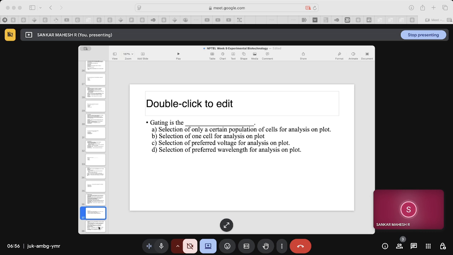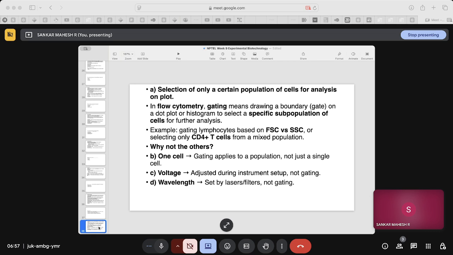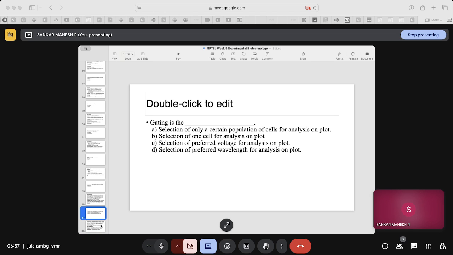I told you that in flow cytometry we can separate cells using fluorescence. So in this method, only certain cells exhibiting fluorescence have to be separated from cells that are not. So gating here means drawing a boundary, which tells us that this subpopulation of cells will be used. So the right answer here is gating is the selection of only a certain population of cells.